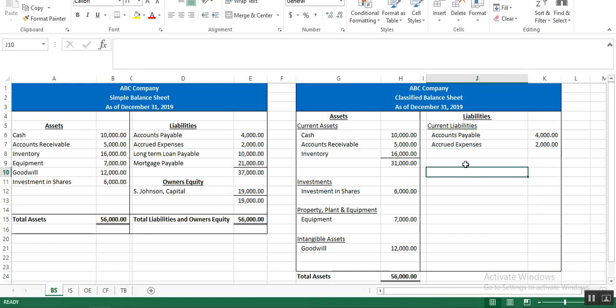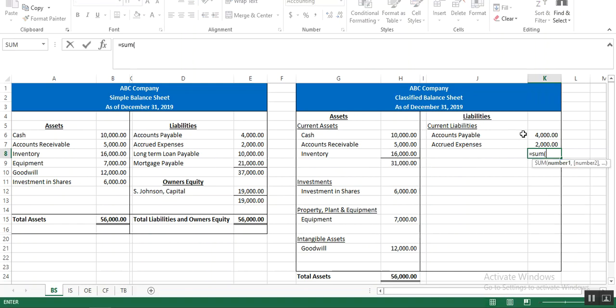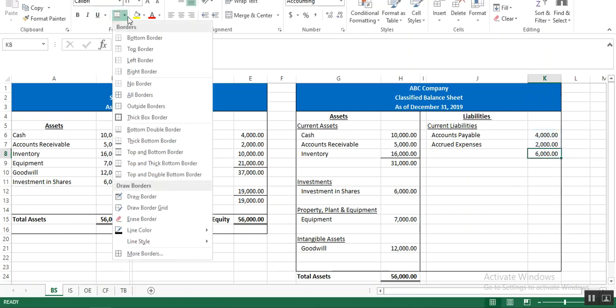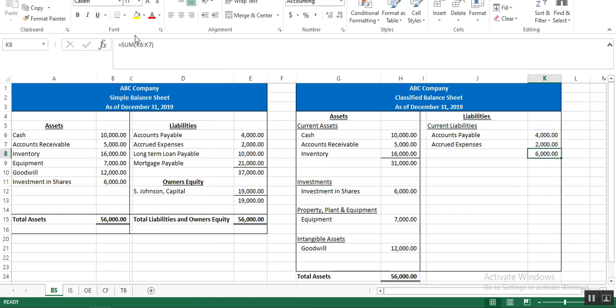And so let's put that there, and these are the only two current liabilities, so we get the sum of that, which is $6,000.